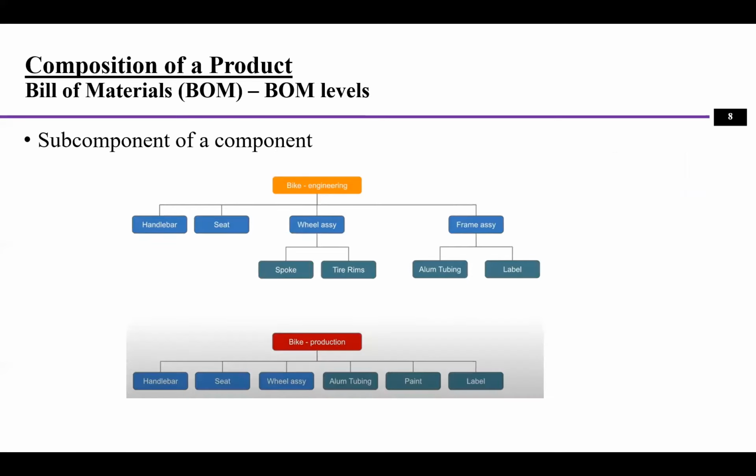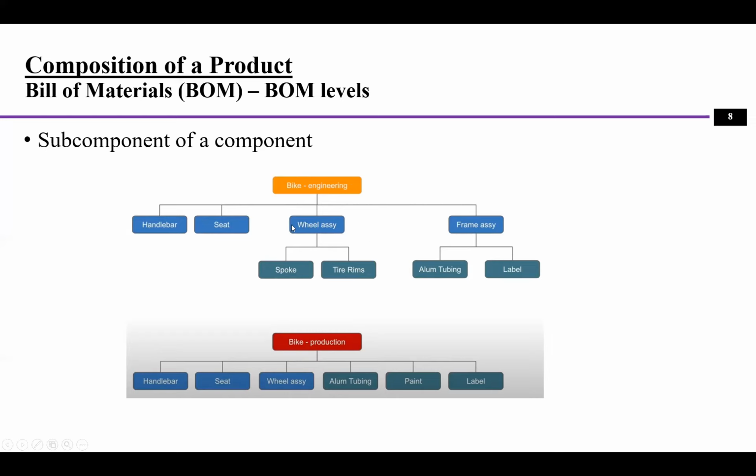And next, a product usually has different levels of parts. For example, in this case, the whole product is the first level in the product tree, and then you'll see subcomponents like handlebar, seat, wheel assembly, and frame assembly.